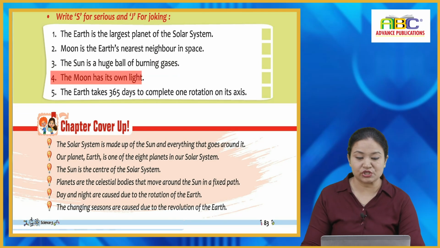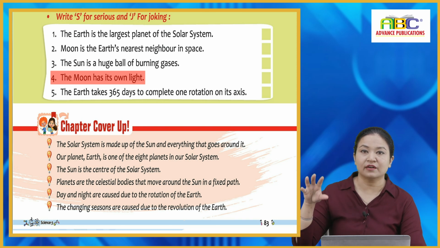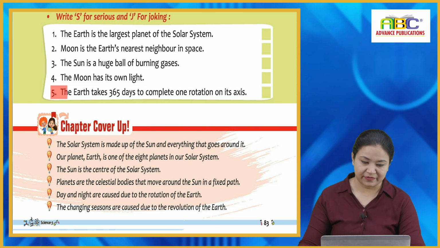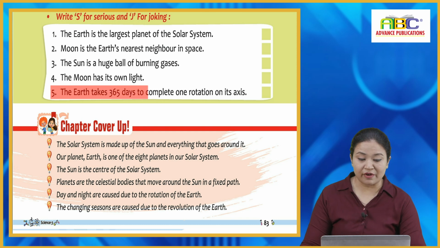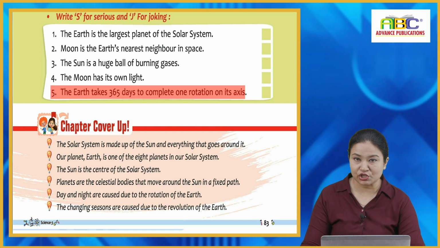The moon has its own light. No, moon has not its own light. Rather, it reflects the light from the sun. The earth takes 365 days to complete one rotation on its axis. It is joking. It takes 24 hours to rotate on its axis.